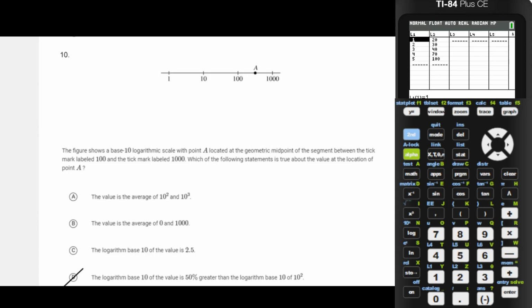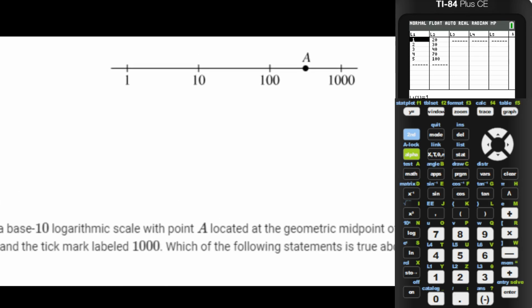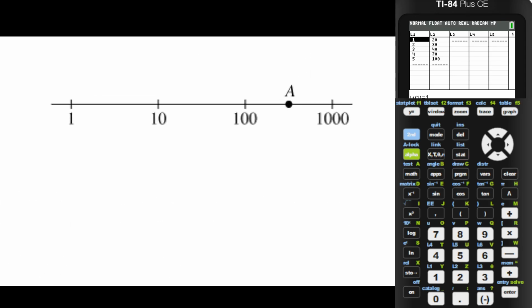550, who am I to say, right? I don't know about that, or whether it's 500. But if I look more closely at this, and just think about this scale in terms of what the exponent of 10 is, it would make sense that this spot right here, that's halfway in between 10 to the 2 and 10 to the 3, where each jump measures a jump of the exponent by 1, that's going to be a jump in the exponent by a half.